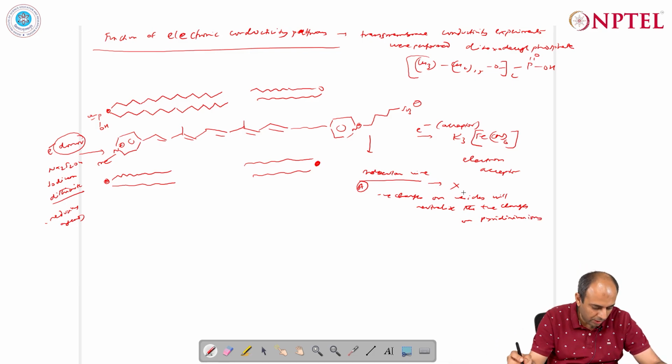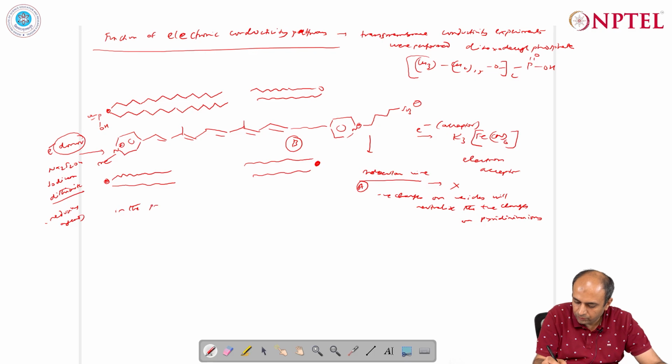However, when we take small amounts of this zwitterion B, in the presence of B, enhancement in the conductivity takes place by 4 to 8 times.